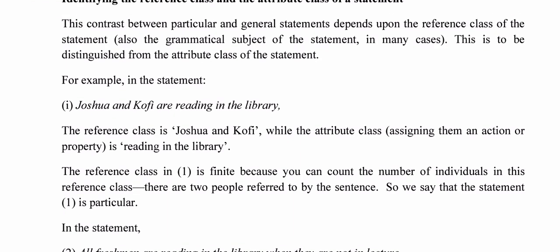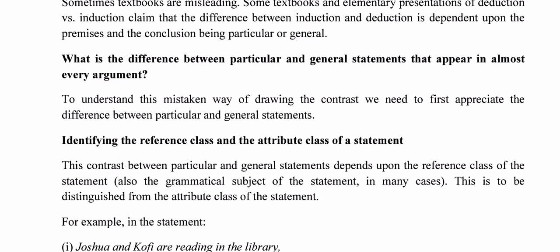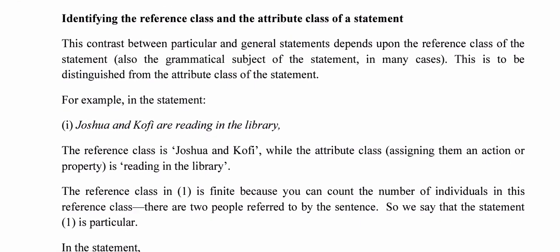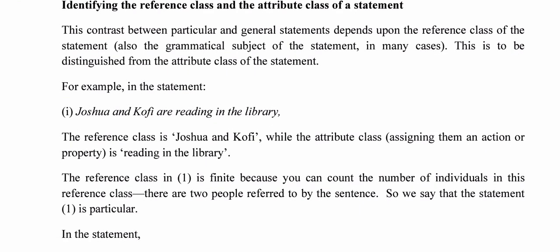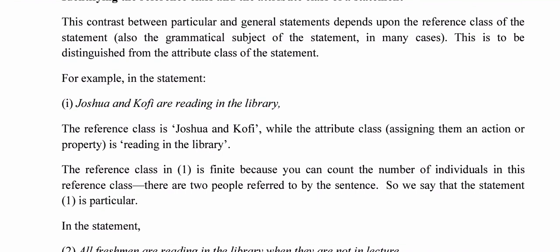Now, we have particular and general statements. For particular statements, we pick one or some specific subjects and talk about them. But for general statements, as the name implies, we generalize. So when we see words like all or every, we are trying to generalize for that whole category. They are general statements.